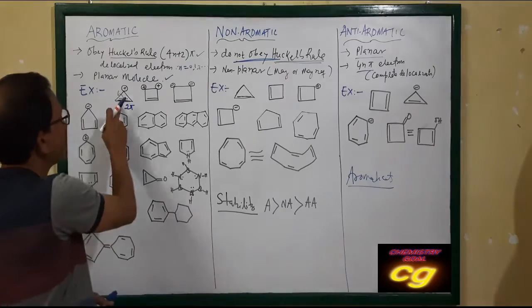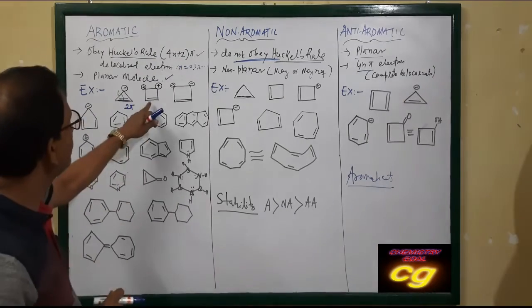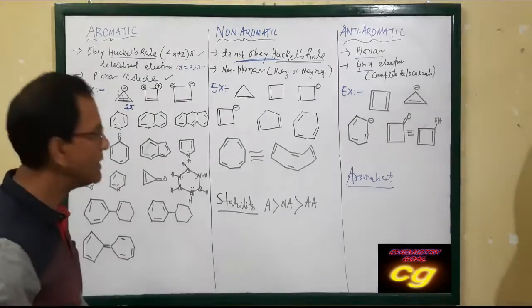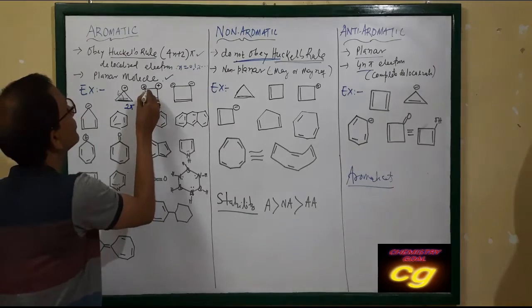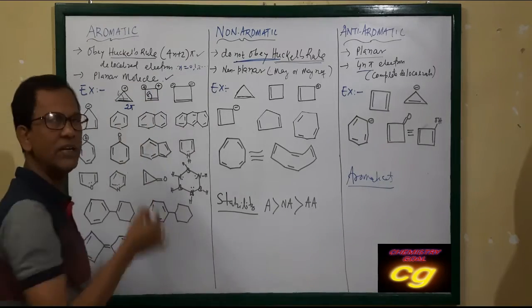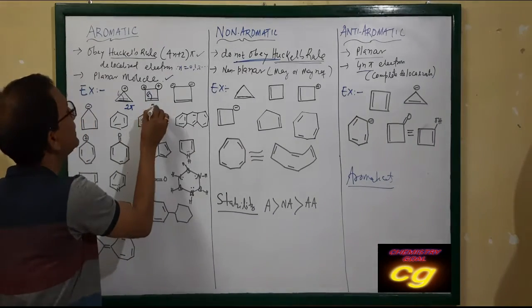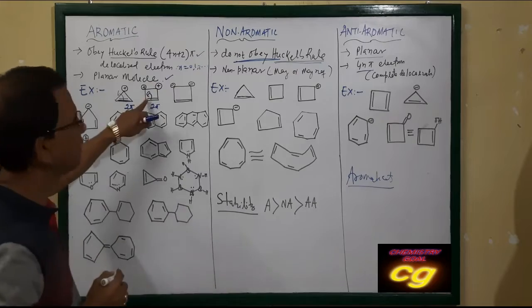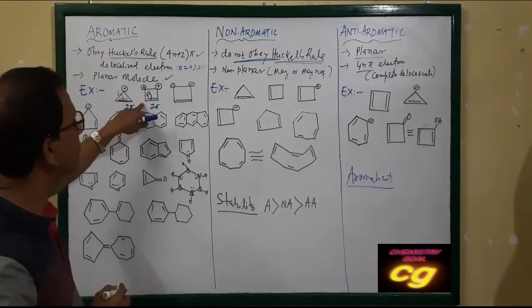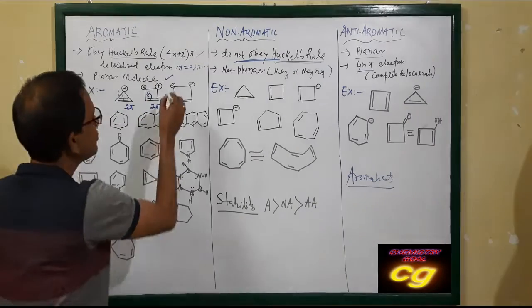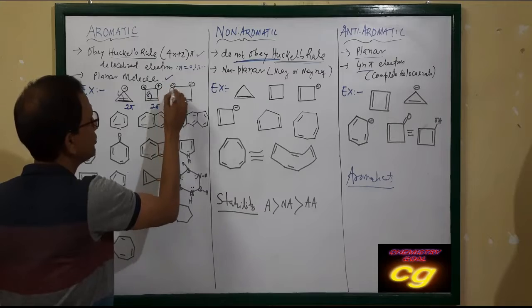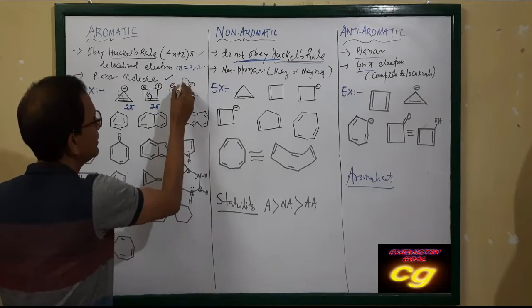So it is aromatic. And this one, the cyclobutenyl dication, is also delocalized. This side or this side can delocalize, it has 2 pi electrons and is delocalized, and the molecule is planar, that's why it is aromatic. And this one also, you see, it is delocalized. You see this one, then this one, then this one.